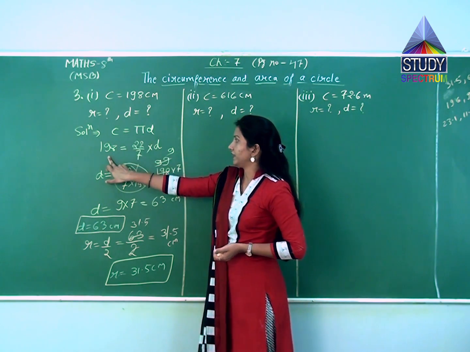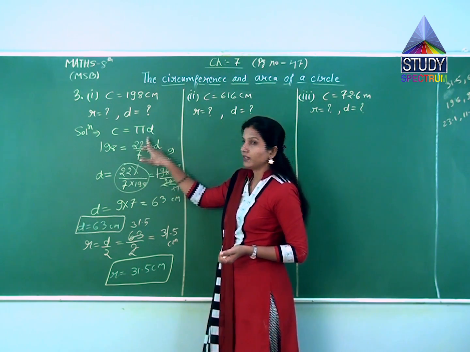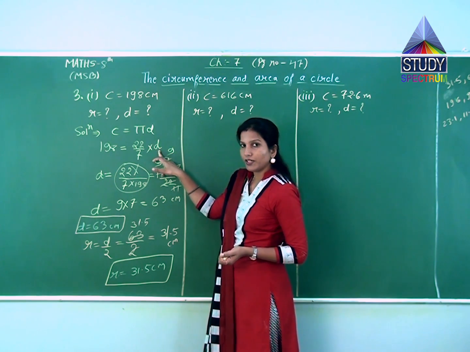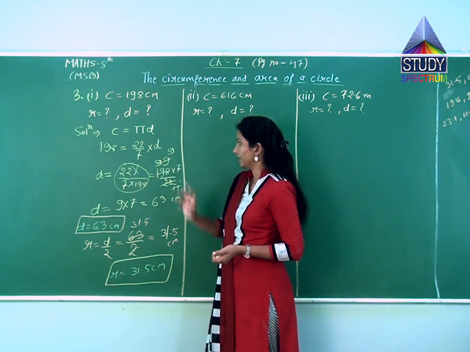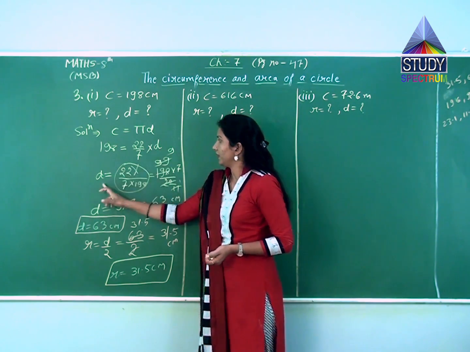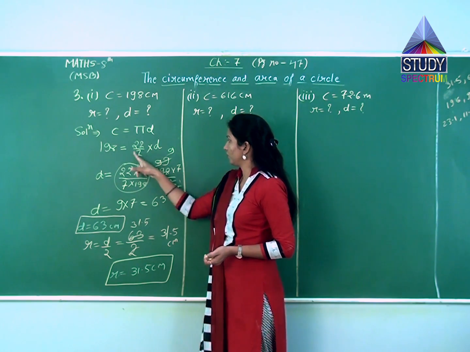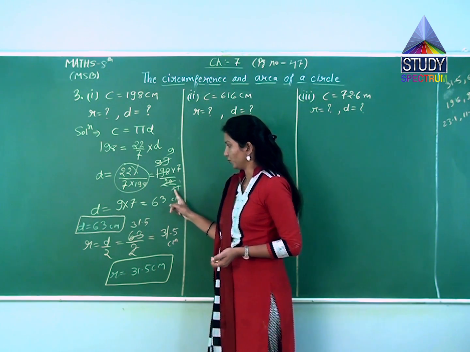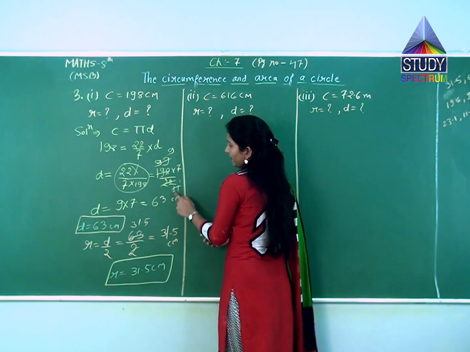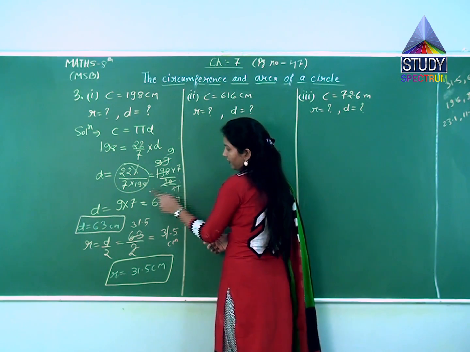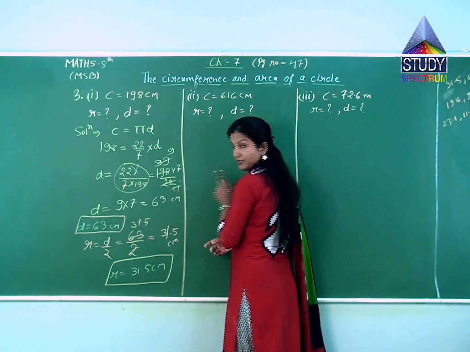Now C is 198, pi is 22 by 7, and D. We don't know D, that's why we will simply write here D. Now D here is 198 into 7 upon 22. After solving this we get 9 into 7 in the numerator and D is 63 centimeters.